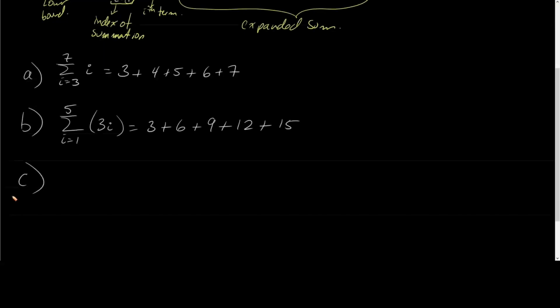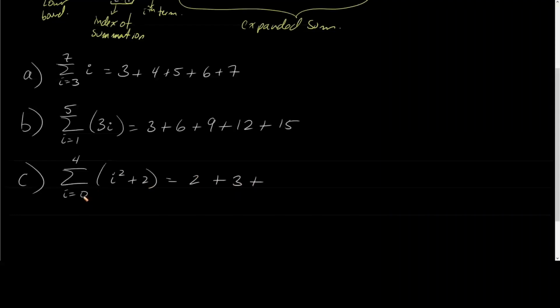Let's say we had the summation from i equals 0 to 4 of i squared plus 2. Plug in 0: 0 squared is 0 plus 2 is 2. Plus, plug in 1: 1 squared is 1 plus 2 is 3.